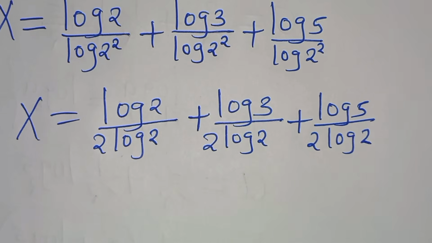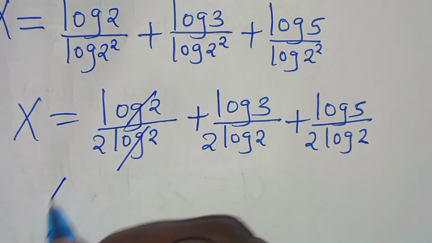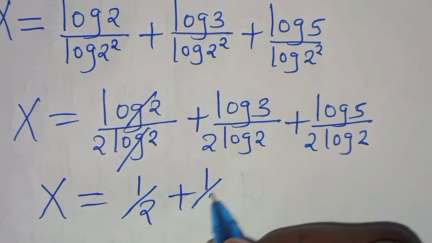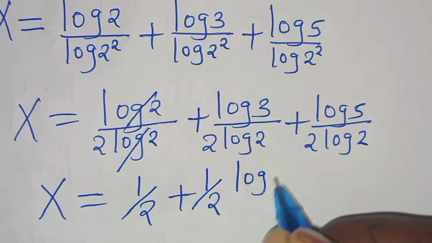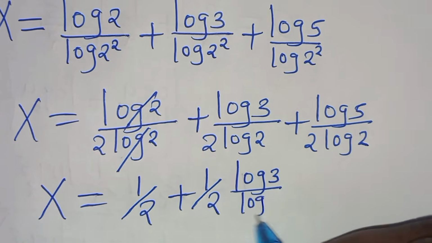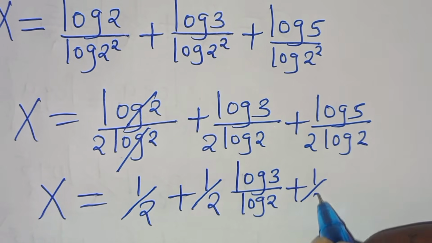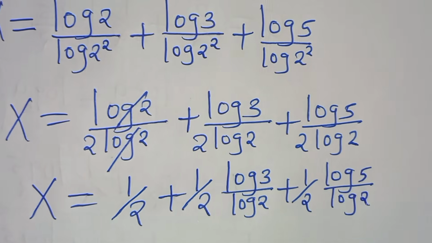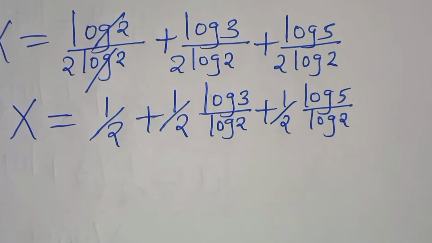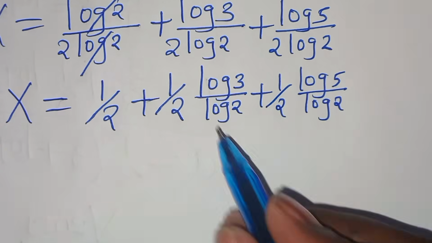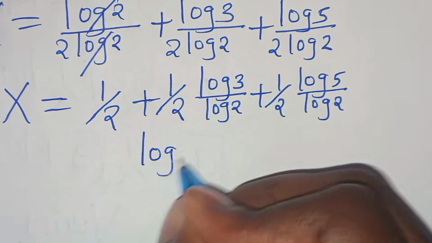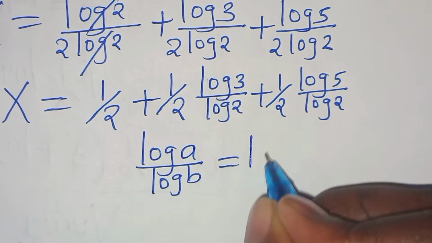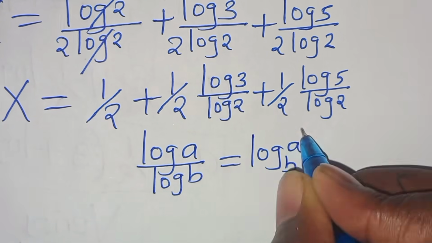So let's simplify here. Log 2 and log 2 simplify, so that x is equal to a half plus a half log 3 divided by log 2, plus a half log 5 divided by log 2. Now this is in the form of log a divided by log b, which can be expressed as log a to base b.